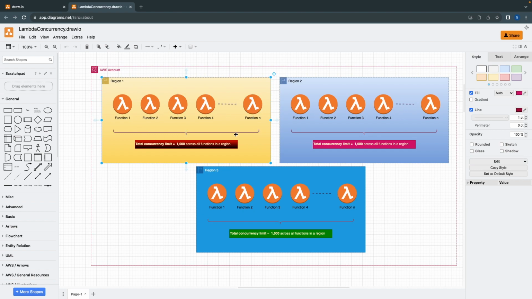So it's a shared pool of concurrency, shared by the Lambda functions in that region. It is a region-level soft limit, and this 1,000 concurrency would not be shared by Lambda functions in another region in your account.